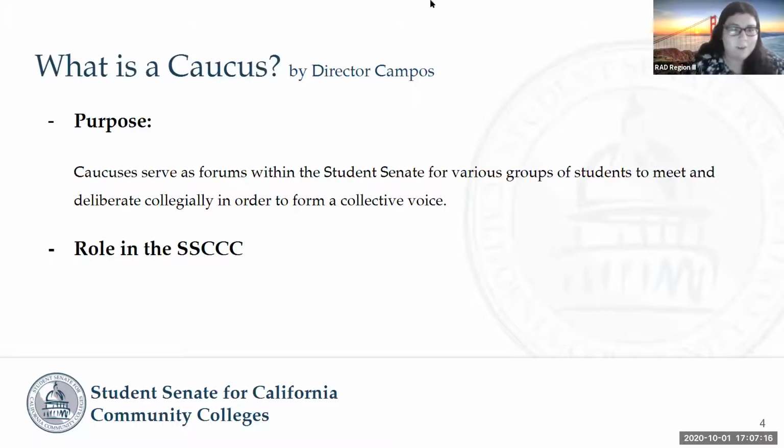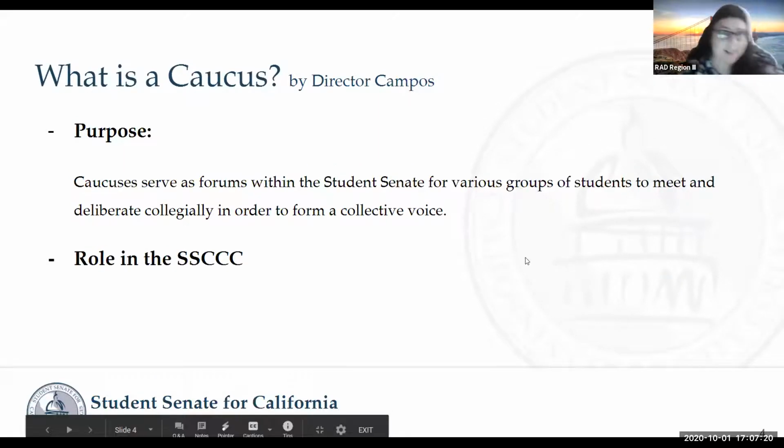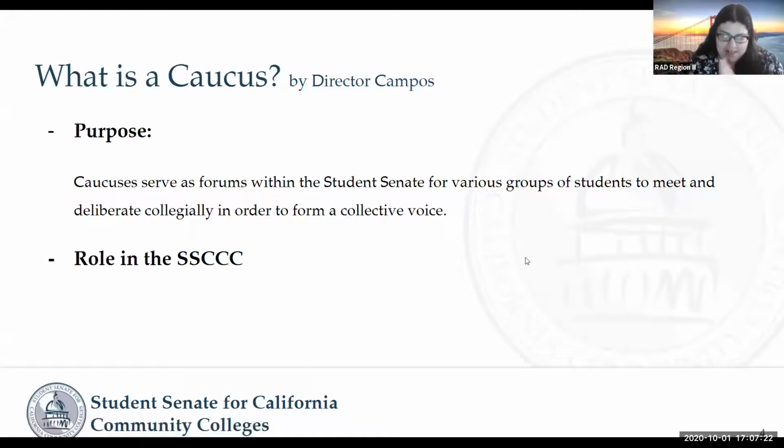The caucuses also seek out solutions to address concerns and many of the issues that affect CCC students through a resolution process, informal lobbying, or any other activity that the caucuses deem to be effective.